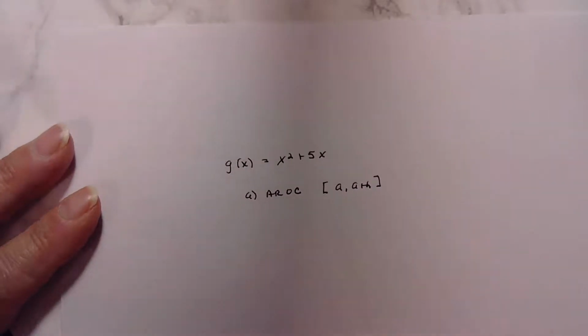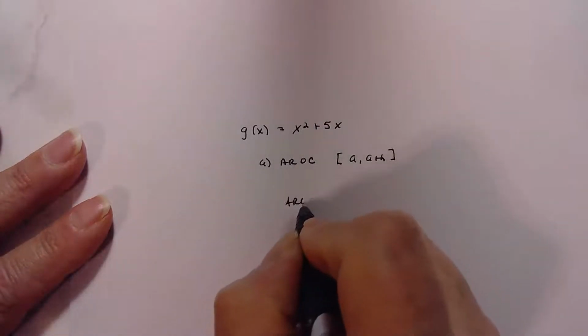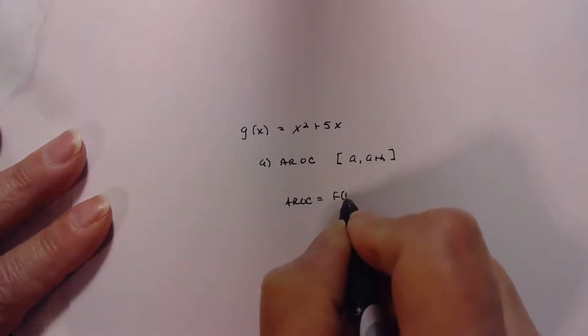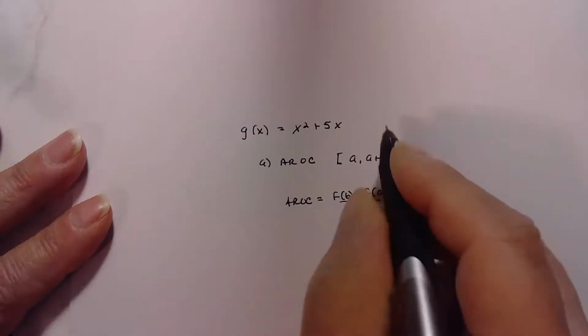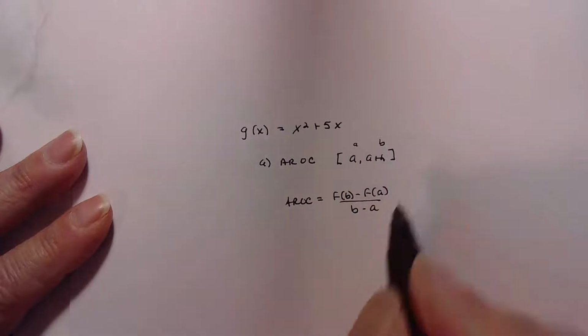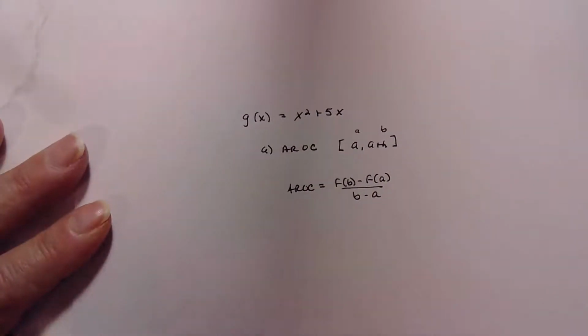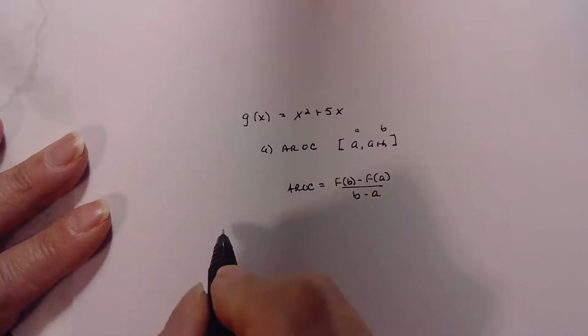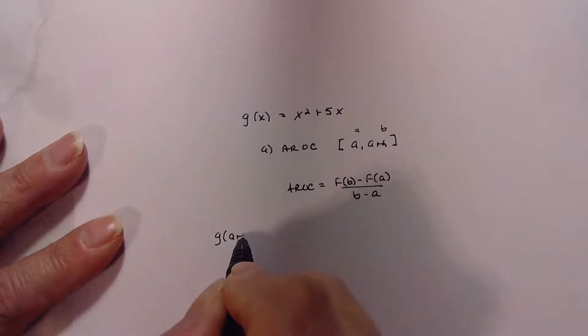They didn't even need to say any more, right? Because we know that the average rate of change of any function is f of b minus f of a over b minus a. And you have an a and a b here. This is your a and this is your b. They're just weird looking, okay? They're just not numbers. So you're going to have to compute g of b, g of a plus h, right?